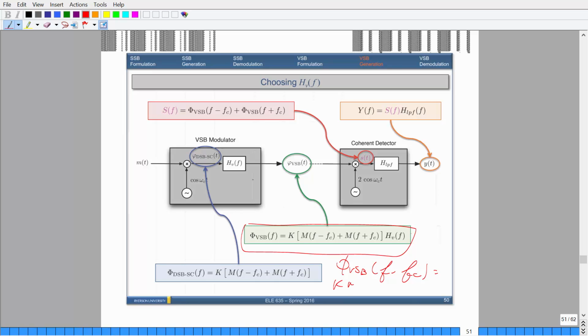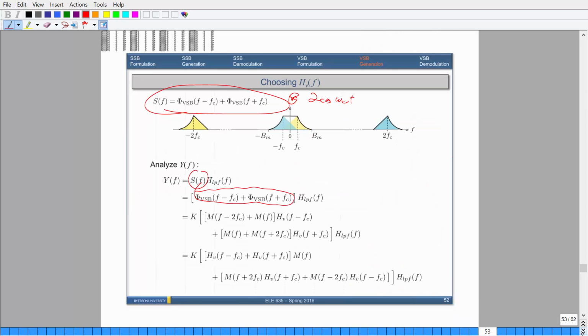This becomes k M of f minus 2f_c, and then plus M of f, because minus f_c plus f_c becomes 0, and then multiplied by H_v of f minus f_c. So we're taking this equation and shifting it to the right by f_c. That's the first part, so this here is this guy over here. Now it's the same process, but you're just delaying by negative f_c, so that's what we get over here.